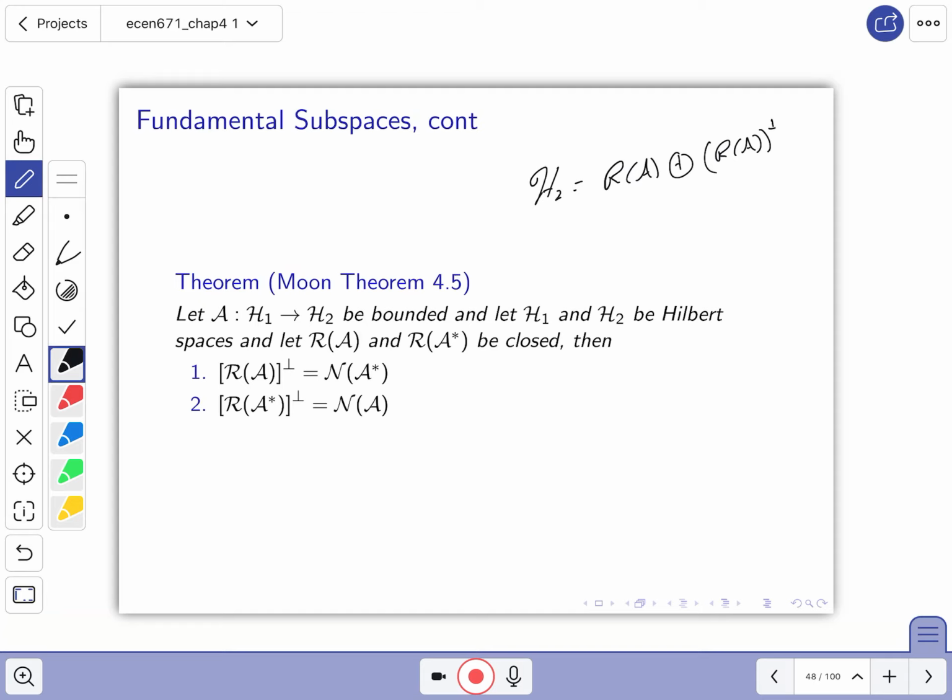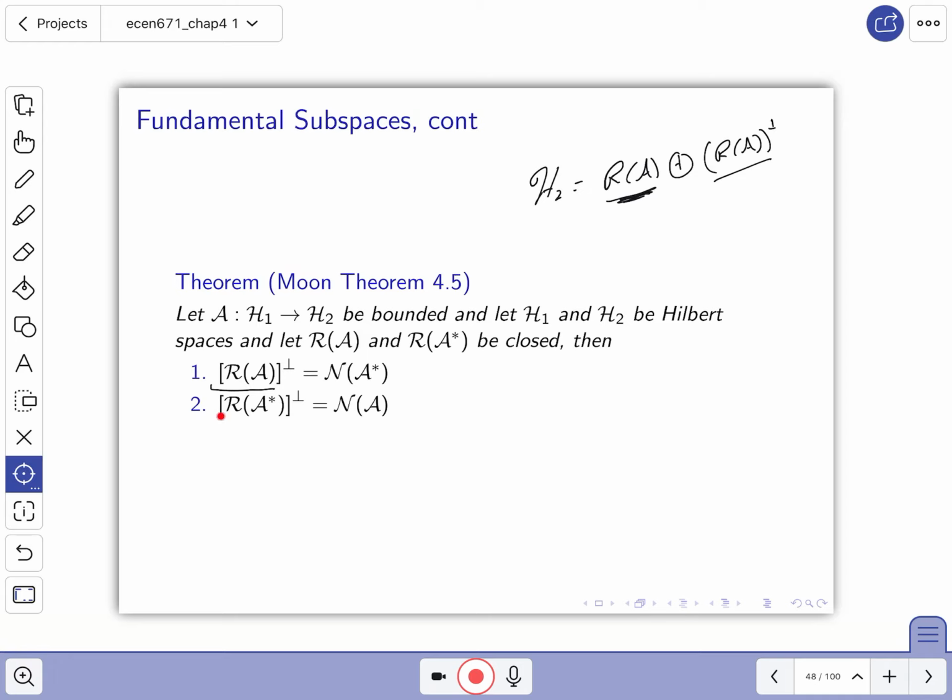H2 can be decomposed in terms of what is inside of H2 and then everything else. So what we're going to show is that everything else is equal to the null space of A star. And similarly, we can say that the space that is orthogonal to the range space of A star is actually equal to the null space of A.